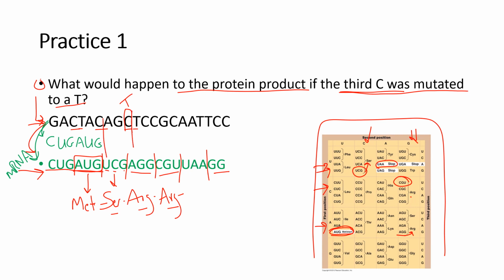The C would be mutated to a T, so that would change that to an A. So that nucleotide in the RNA would be changed to an A. So now this codon is UCA. UCA is still serine. So there would be no change in the amino acid. So this is a silent mutation.